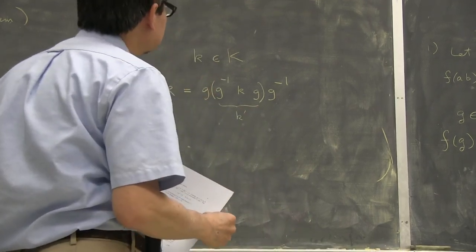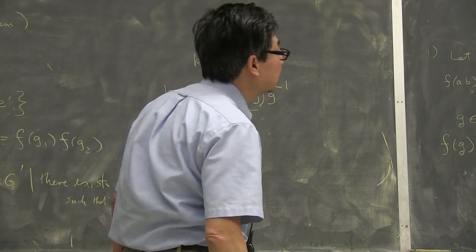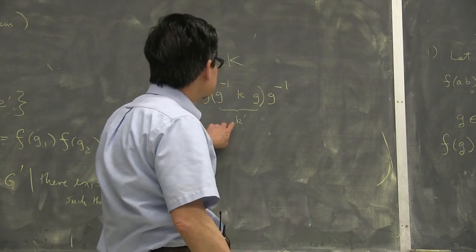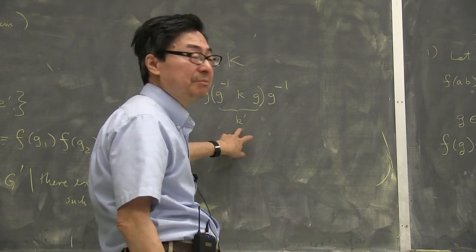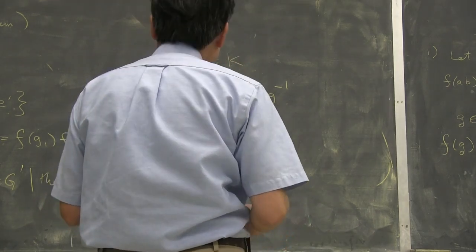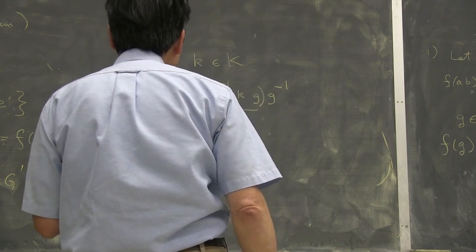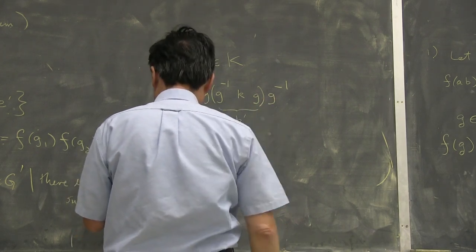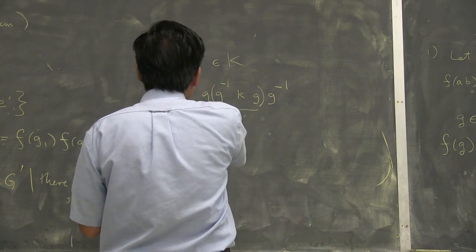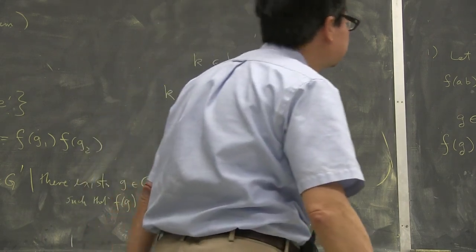By the first part, g k inverse is in K, so this element must be something in K, and I'm going to call it k prime. There exists a g where k can be written as g k prime g inverse.